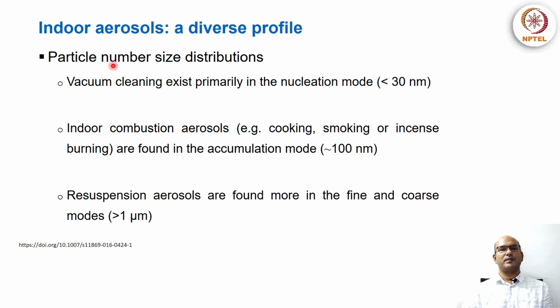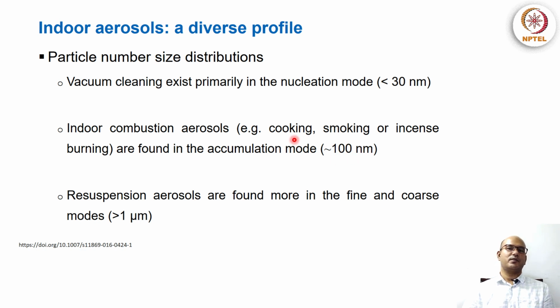First we will look at PNSD, particle number size distribution. Vacuum cleaning, generally these particles will exist in the nucleation mode, less than 30 nanometers approximately. When we have indoor combustion aerosols, cooking, smoking, incense, they are quite more in the accumulation mode, 100 nanometers, which is 0.1 micrometer.